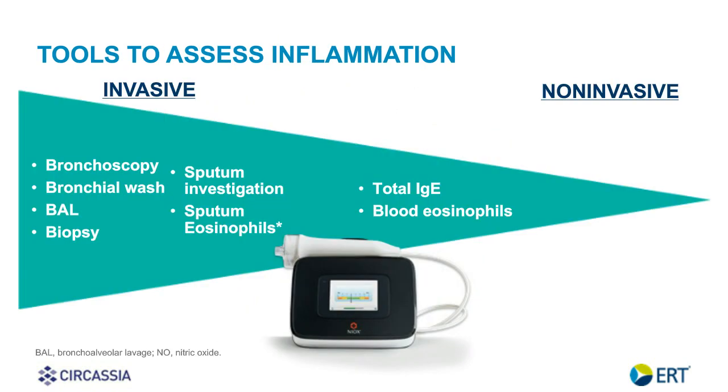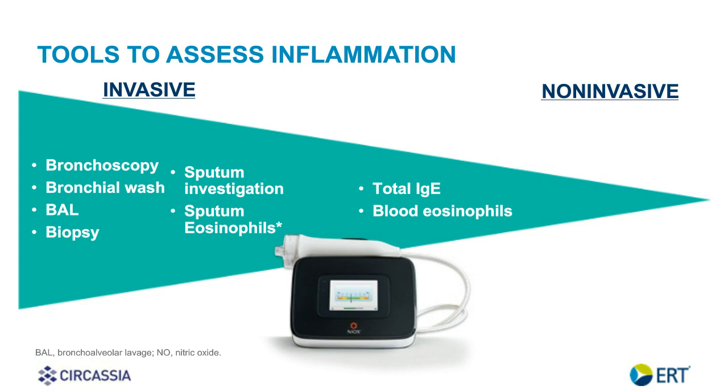Talking about tools to measure inflammation in asthma, it goes from the invasive to non-invasive. In general, in years past, the only way we could really measure inflammation was invasive. That's either doing a bronchoscopy, a bronchial wash, which we call a bronchoalveolar lavage, or a biopsy. Again, these are very difficult to do, particularly in a study situation, also in a clinical situation. So generally not done.